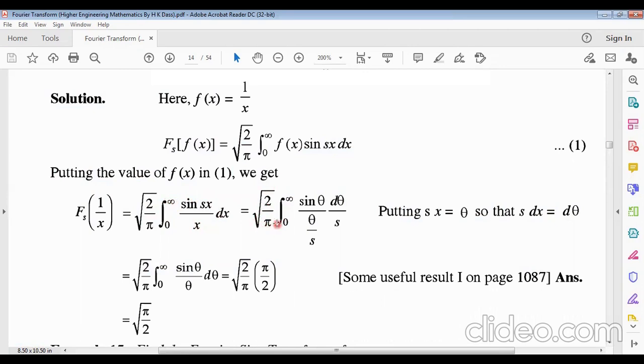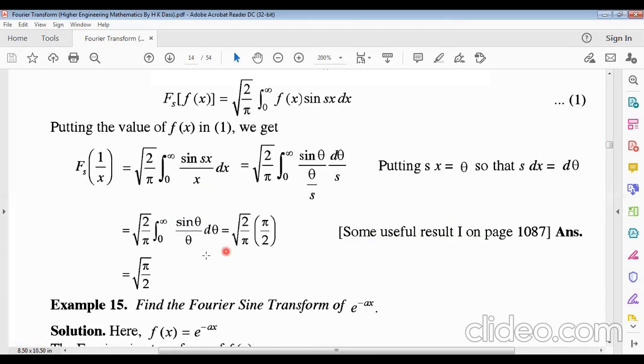Substituting sx equals theta, so s dx equals d theta, the limits 0 to infinity are unchanged. We get sine theta by s and d theta by s, so the s cancels. So root over 2 by pi, integral 0 to infinity sine theta by theta d theta.